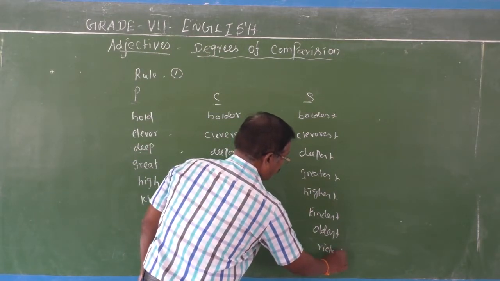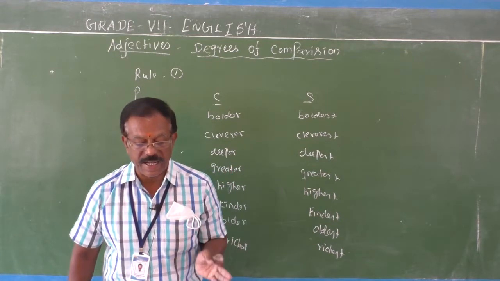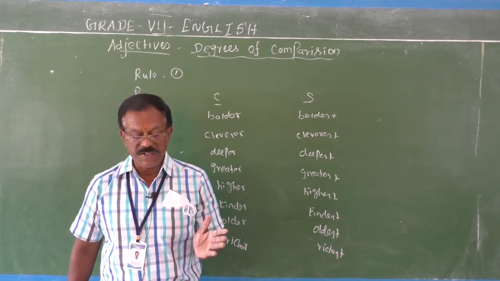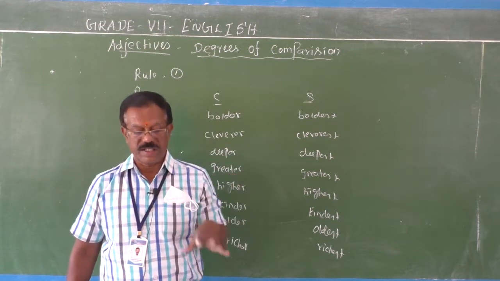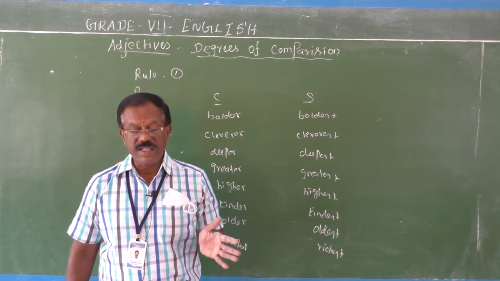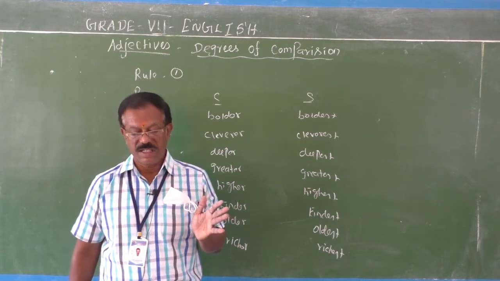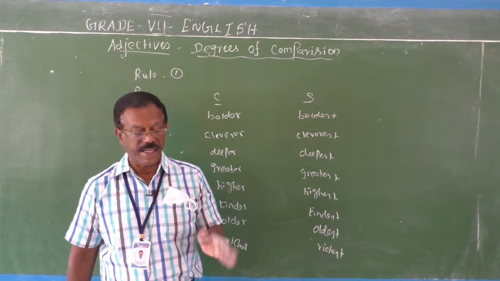Small, smaller, smallest. Sweet, sweeter, sweetest. Strong, stronger, strongest. Tall, taller, tallest. Thick, thicker, thickest. Weak, weaker, weakest. Young, younger, youngest.